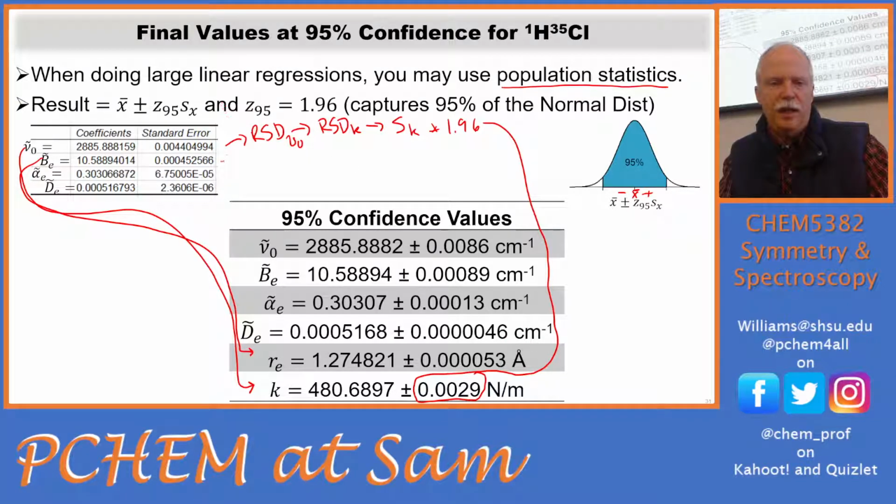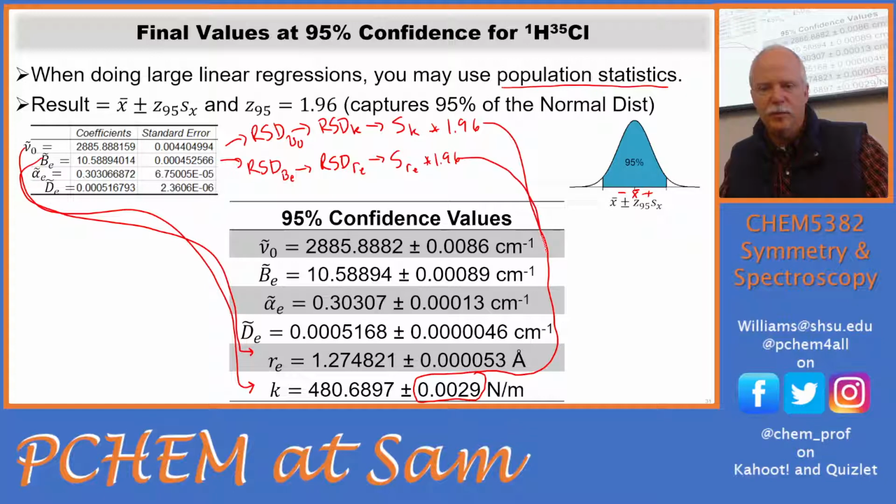And for the BE, we did the RSD for BE. We converted that to the RSD for the bond length. Then we found the uncertainty for the bond length times 1.96, and that's what gave us this reported value here for the bond length.